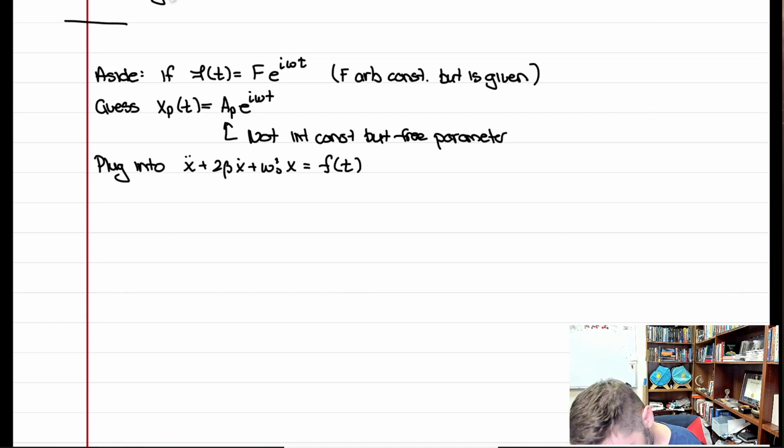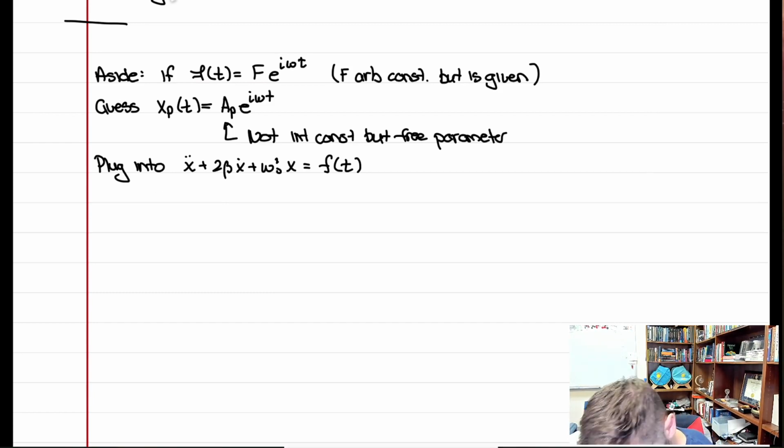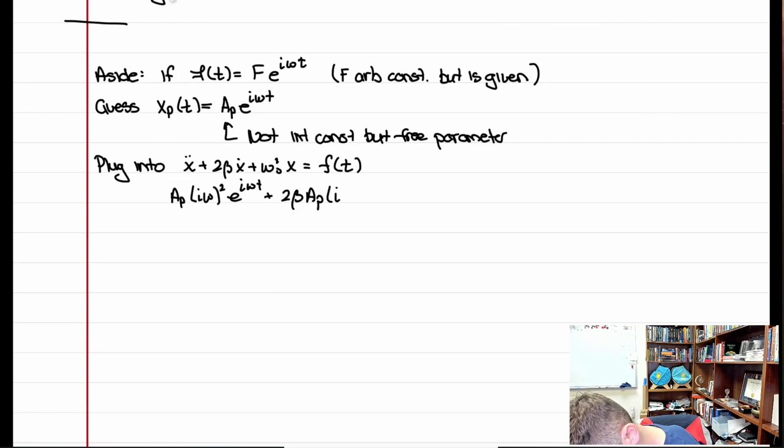So the nice thing about exponentials is that the derivative is pretty simple. So this looks like a_p times negative omega squared, actually, let me just write it out explicitly. When you take the derivative twice, an i times omega drops down, and it drops down twice because you're taking the derivative twice, plus 2 beta a_p, and i omega drops down, and there's e to the i omega t.